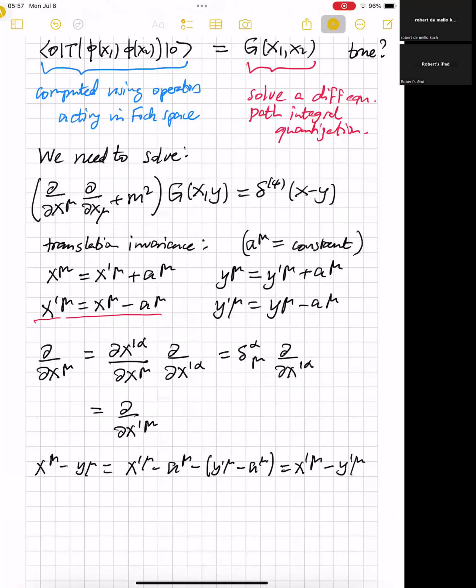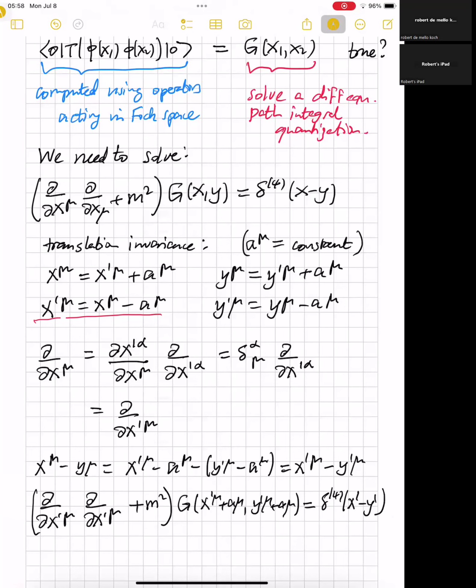So if we now rewrite our differential equation, we learn that ∂'_μ ∂'^μ plus m² acting on G of x'^μ plus a^μ and y'^μ plus a^μ is equal to the four-dimensional Dirac delta of x' minus y'.